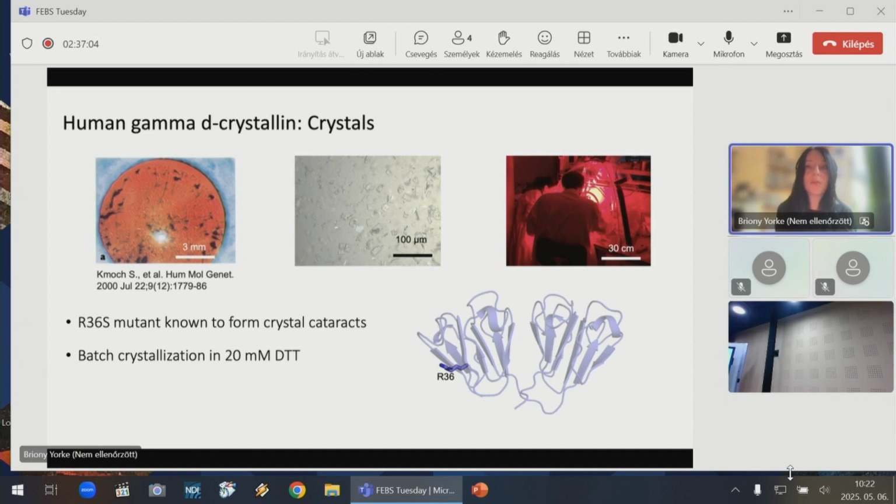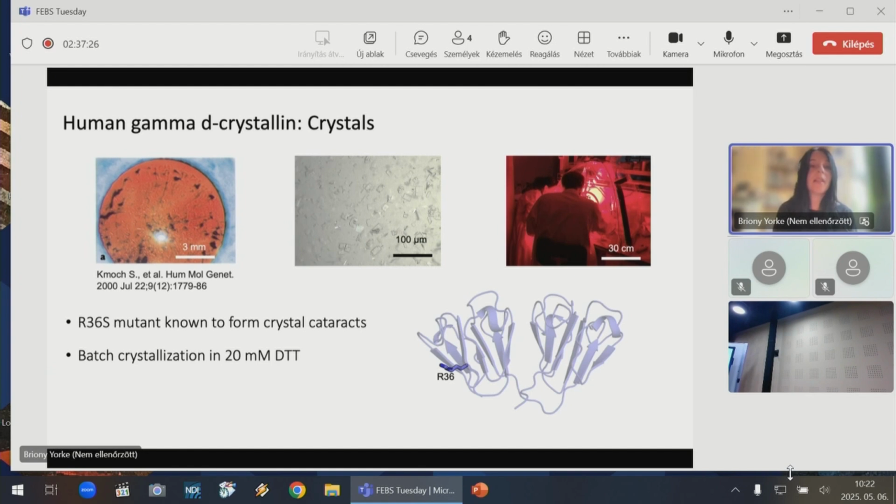And luckily for us, but unfortunately for the patient, a mutant of human gamma D crystallin was isolated from the eye lens of a 5-year-old boy. And here you can see the lens. And from the lens, crystals of human gamma D crystallin were extracted.